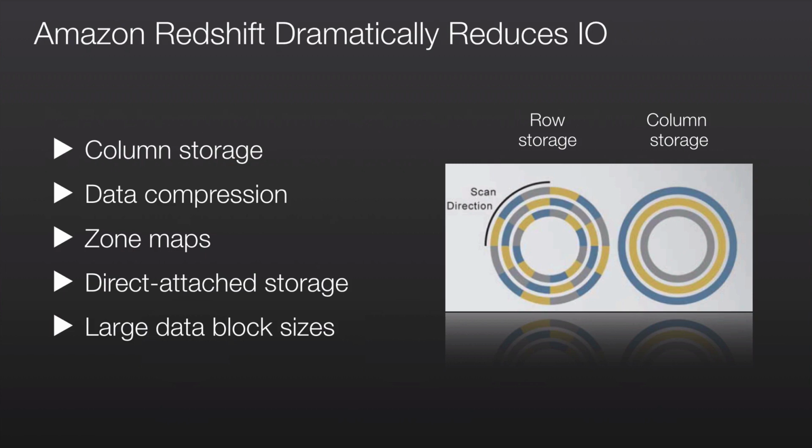I/O, however, is accelerated through the use of direct attached storage, and also accelerated for large scale reads through the use of large data block sizes. So the whole system is optimized for read intensive scan based workloads such as the type that are typical when performing queries on data. So the whole system's built for that.